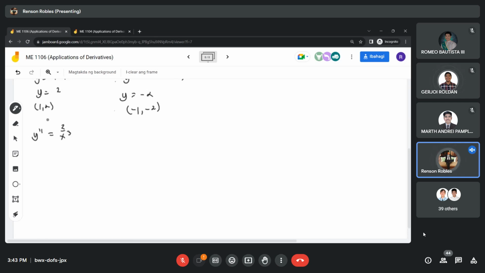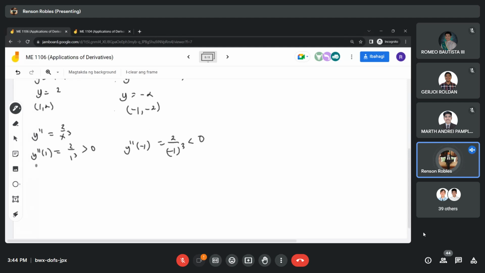And then we can now test which of these 2 points is relative mean or max. We have y double prime at 1, 2 over 1 cube. What is this? Greater than 0. Y double prime at negative 1, 2 over negative 1 cube. So this is less than 0. 2 over negative 1. This is negative 2.